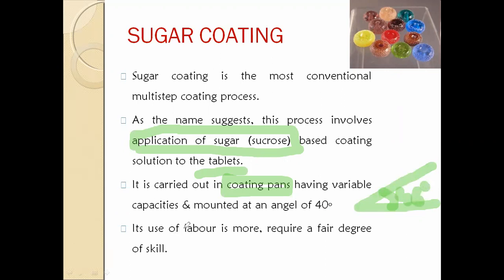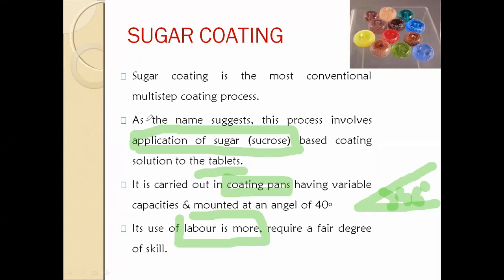It uses more labor, and it requires a fair degree of skill. So sugar coating is not only a technology, but it is also an art which is gained by experience by the person who is working on the coater machines.